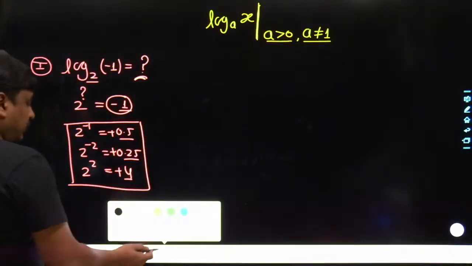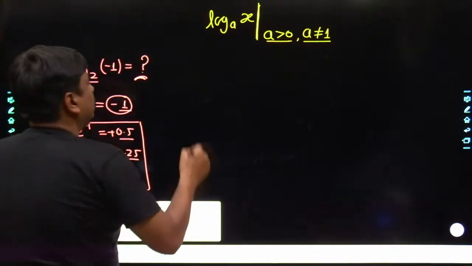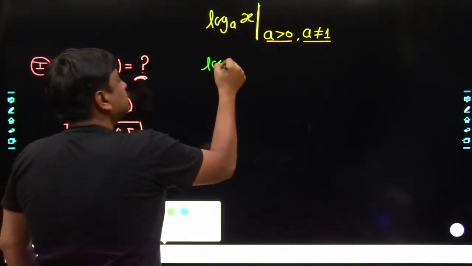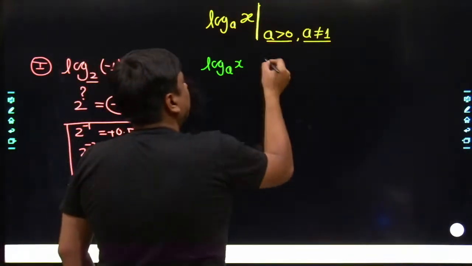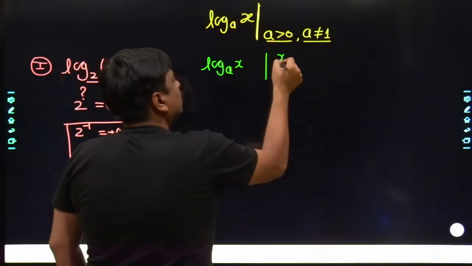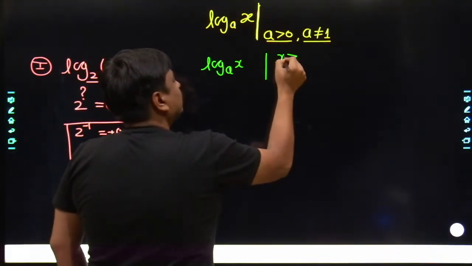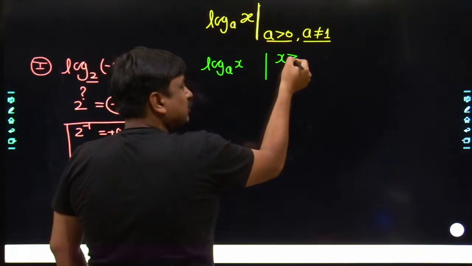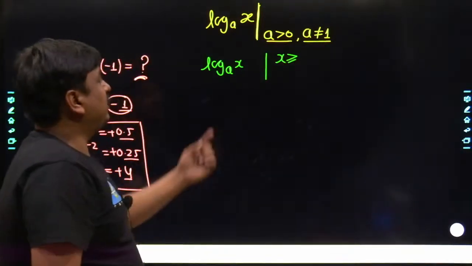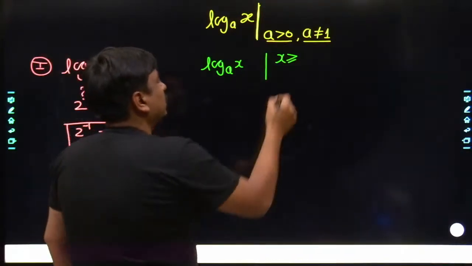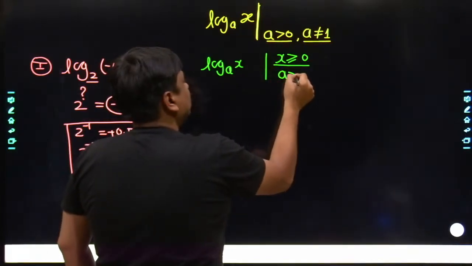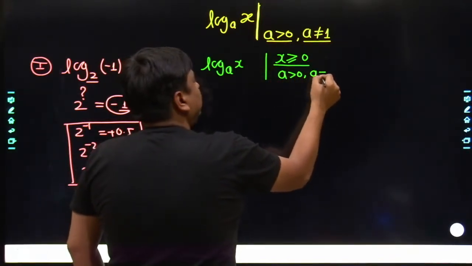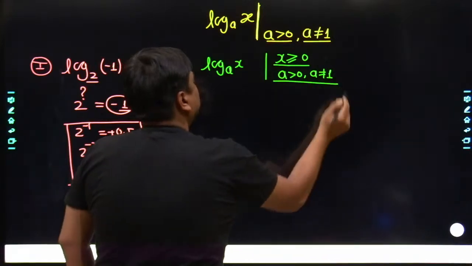So we can write somewhere here, the log function cannot be applied over the negative value. So here you can say x has to be greater than, and can it be 0? Can it be 0? No, not even that. Where the a has to be greater than 0 and a should not be 1.